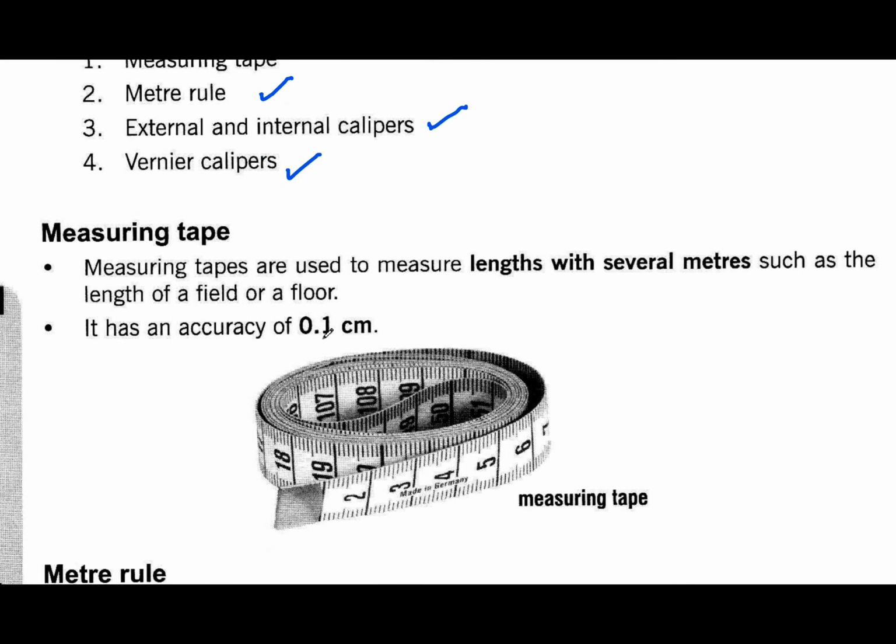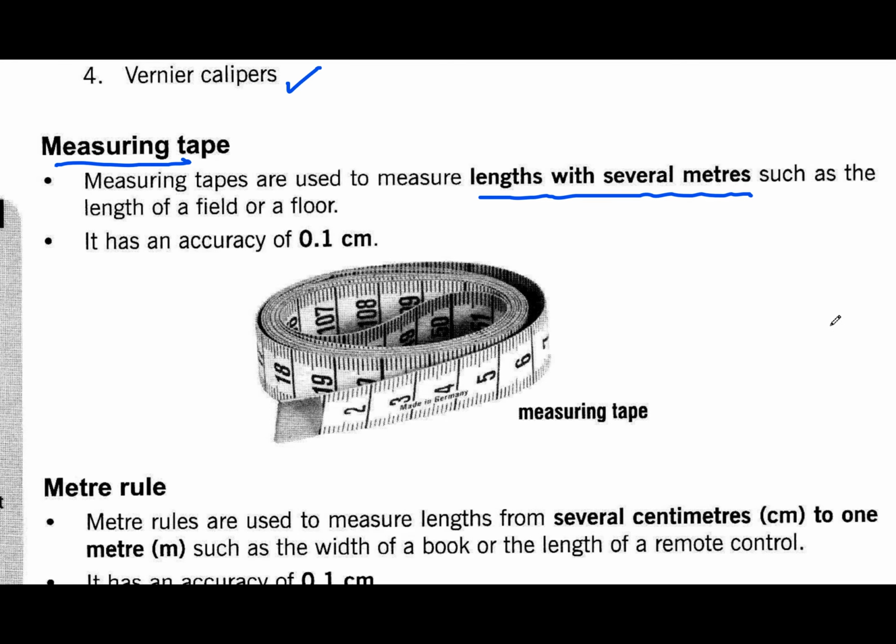The measuring tape can be several meters long. As such, it can be used to measure the dimension of the floor or the room. Its precision is 0.1 centimeters.